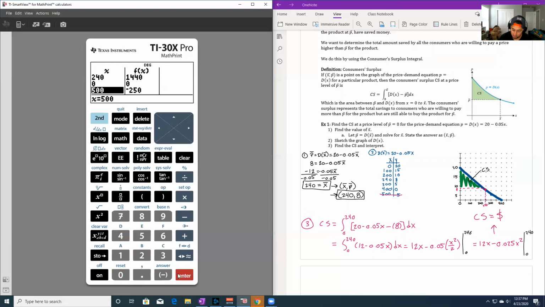We get 1440. This means that consumers will save $1,440 on this product. They have the money to buy at normal price, but will buy the product at the discounted price, at a lower price.